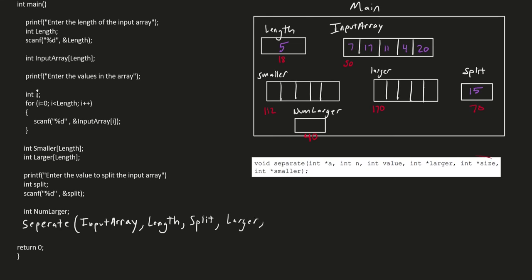We've got to send in the address of the variable that's going to hold how many larger elements there are. So, got to be careful here. I'm going to send in the address of the NumLarger variable. It would be 40. And then lastly, we want to send in the address of the other array.